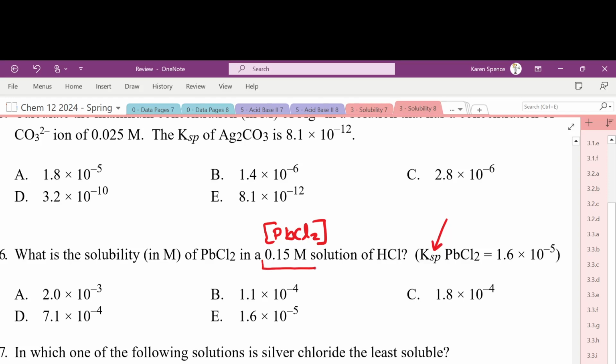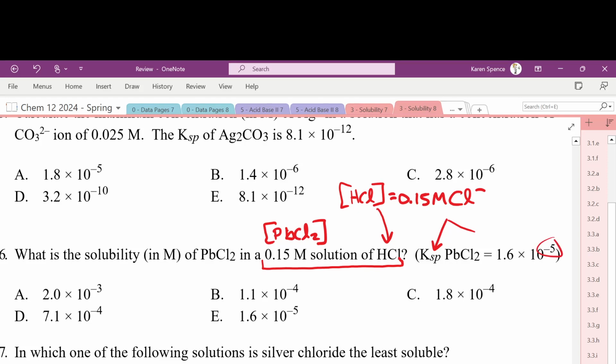And what is this information here telling us? It's telling us that the concentration of HCl is 0.15 molar. What is relevant to this question? Is it the H or is it the Cl? It's the Cl.